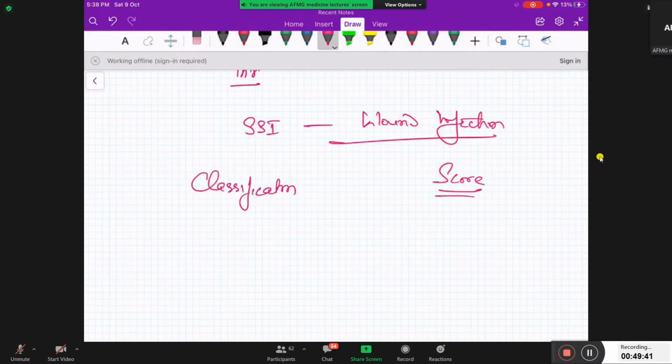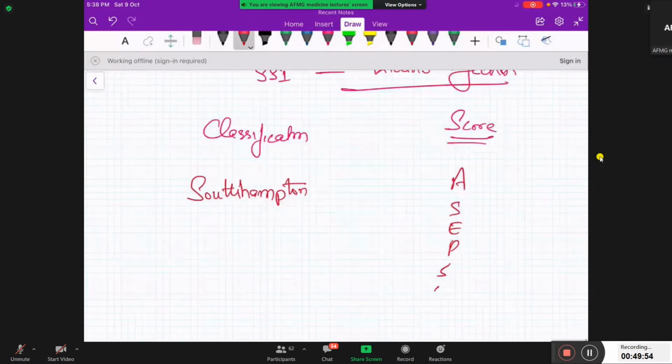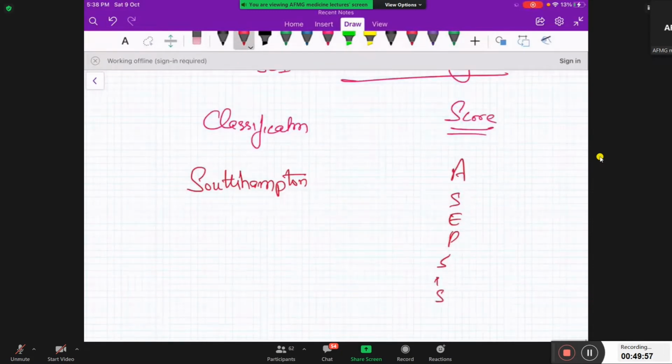What is that classification called? Southampton classification and a sepsis score. There is a Southampton classification and there is a sepsis score.